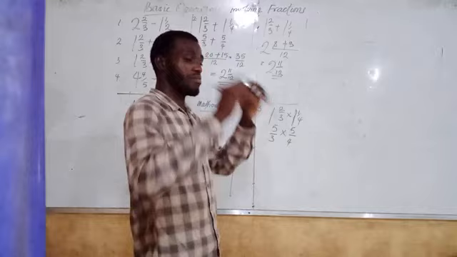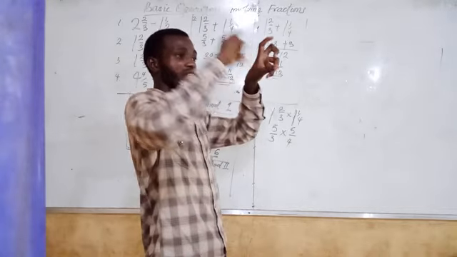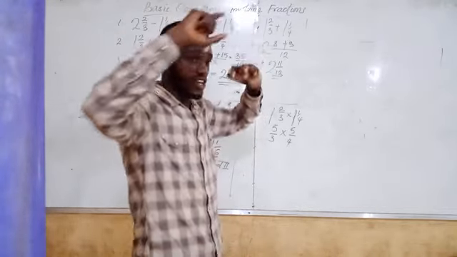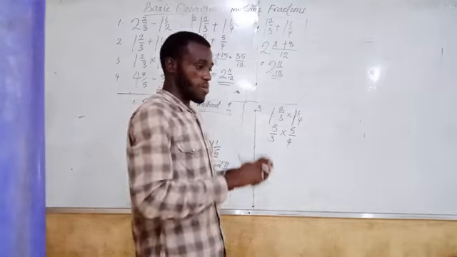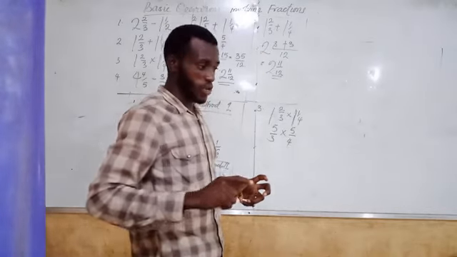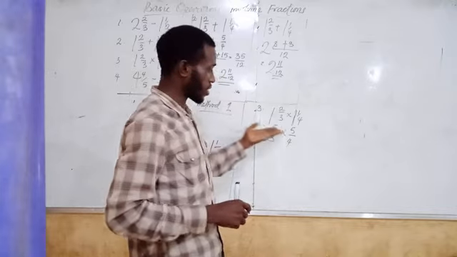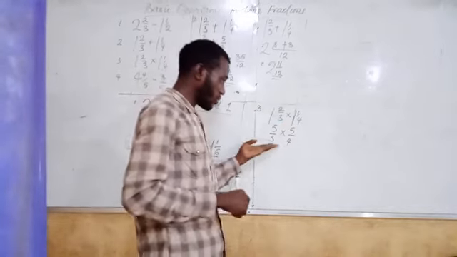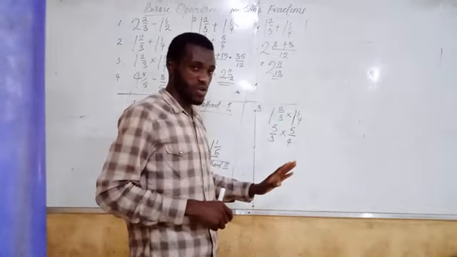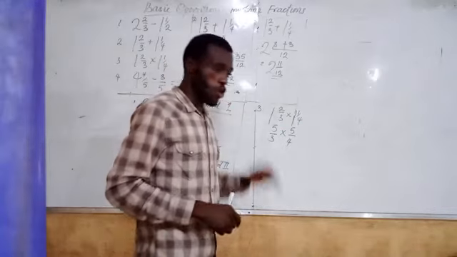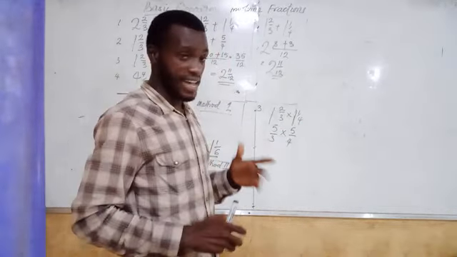If you are on the same level, a number on top and another number on top cannot cut each other or divide each other, and a number under and another under cannot divide each other. So what I'm simply saying is a numerator cannot cut a numerator, a denominator cannot cut a denominator anywhere, but numerators always cut denominators and vice versa.